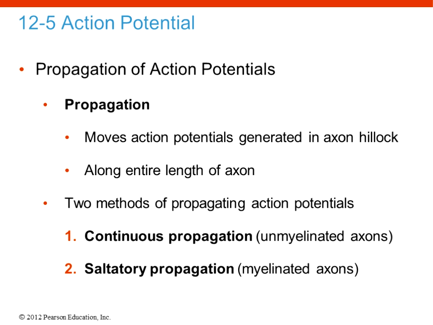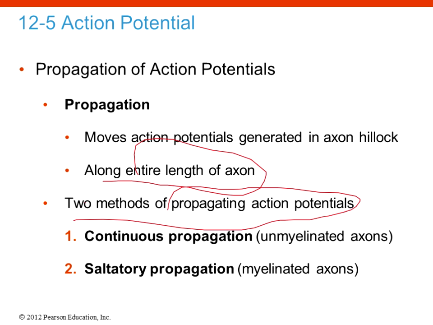So once you reach threshold, you need to then propagate that action potential to the target. Okay, so that's the movement of the action potential along the entire length of the axon. And there are two ways in which an action potential can be propagated. You have what's called continuous propagation and saltatory propagation.